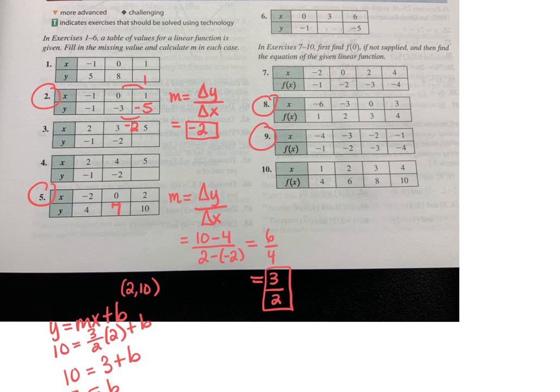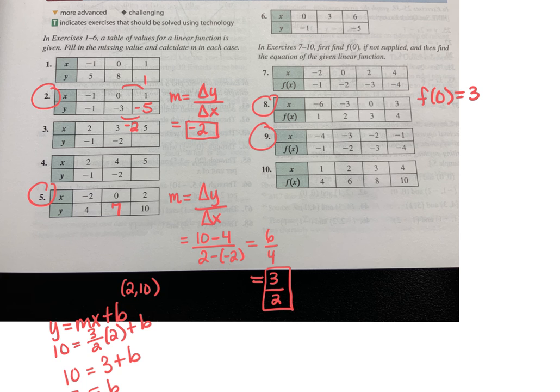In exercises 7 through 10, first find f of 0 if it's not supplied, and then find the equation of the given linear function. How would we do this for number 8? Is f of 0 given? What is f of 0? Good. So here f of 0 is equal to 3.